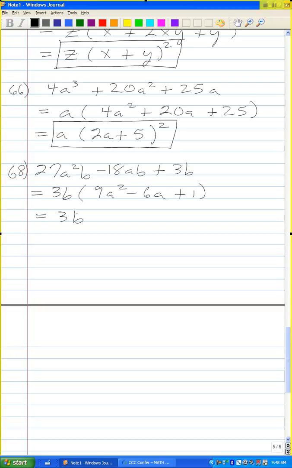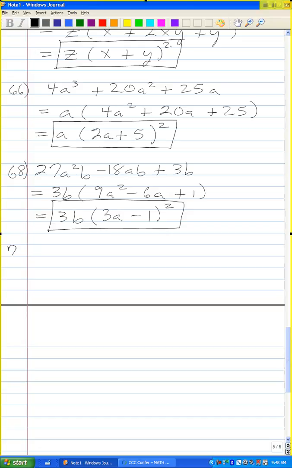What's in parentheses is a perfect square trinomial. The square root of 9a squared is 3a. Bring down the minus, the square root of 1 is 1. And now let's check. 3a times negative 1 times 2 is a negative 6a. And so I am done.